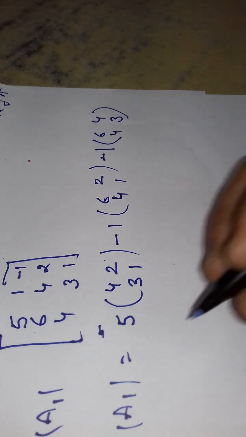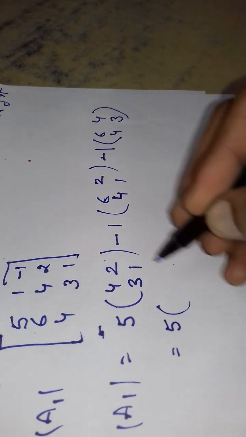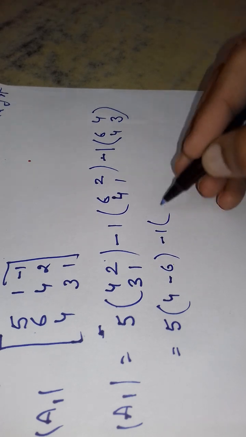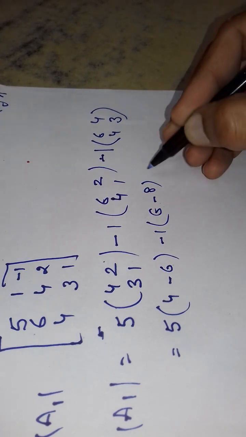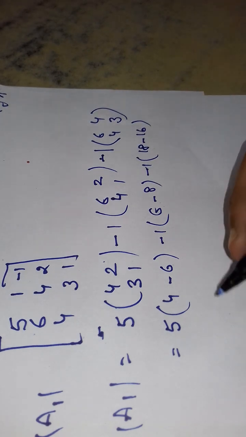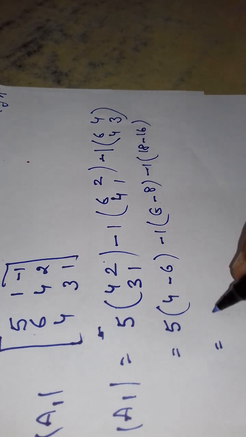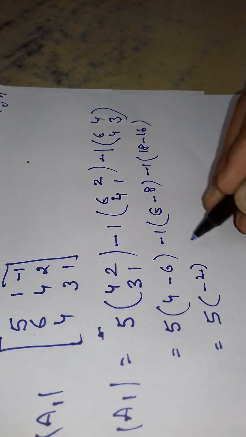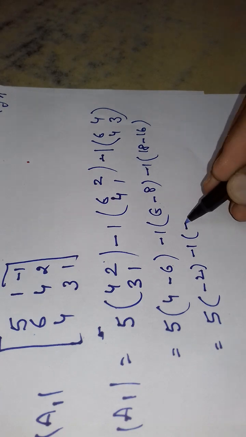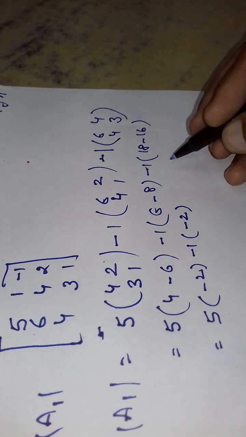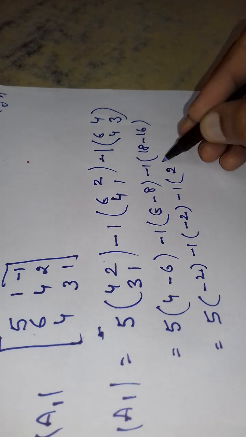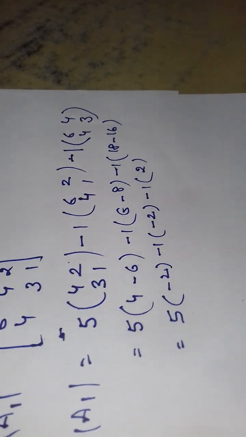Solving this: 5 times minus 2, minus 1 times minus 2, minus 1 times 2, since 18 minus 16 is 2.